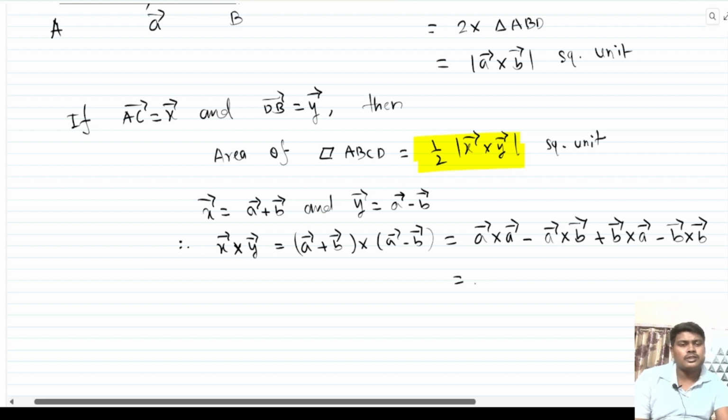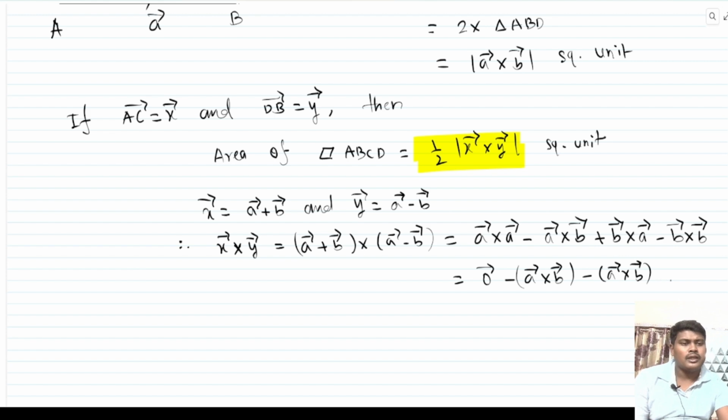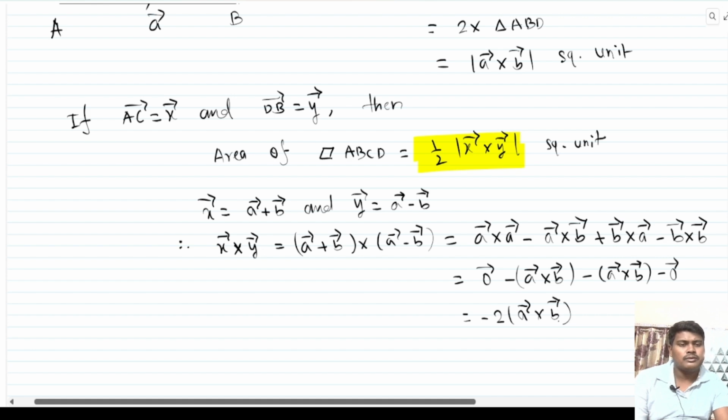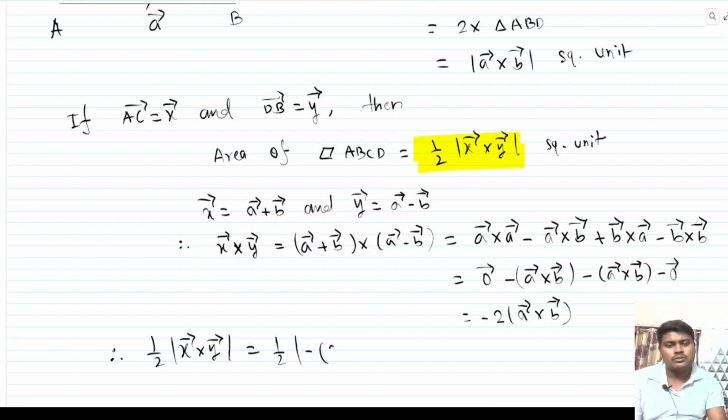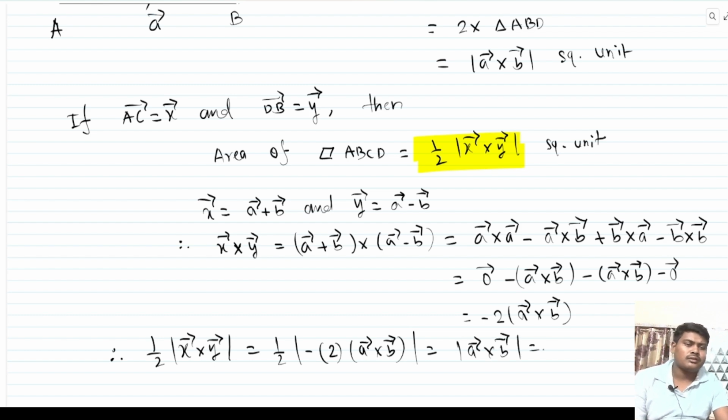We know that a cross a is a 0 vector, minus a cross b plus b cross a is equal to minus 2 a cross b, and b cross b is also 0 vector, so it is equal to minus 2 into a cross b vector. Therefore, half of mod x cross y vector equals half of mod minus 2 into a cross b vector, which is equal to mod a cross b.